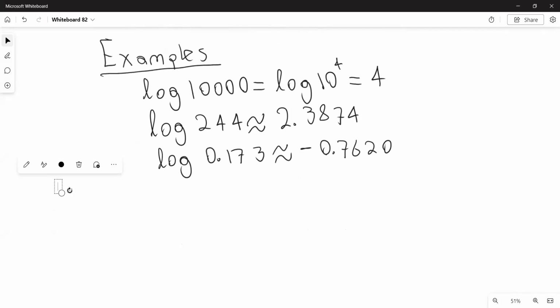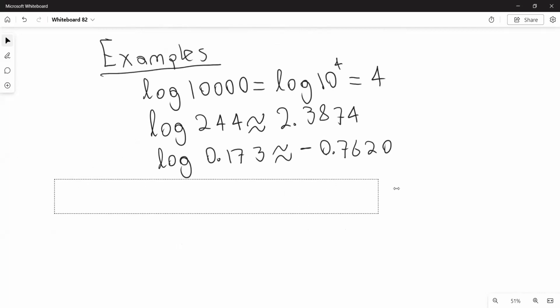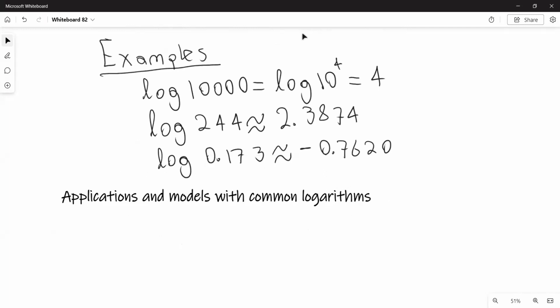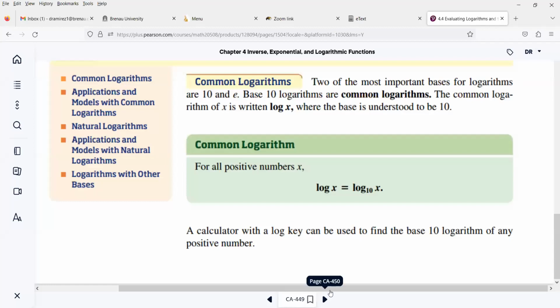So applications and models with common logarithms. I'm going to show you the pH. So that's one application.